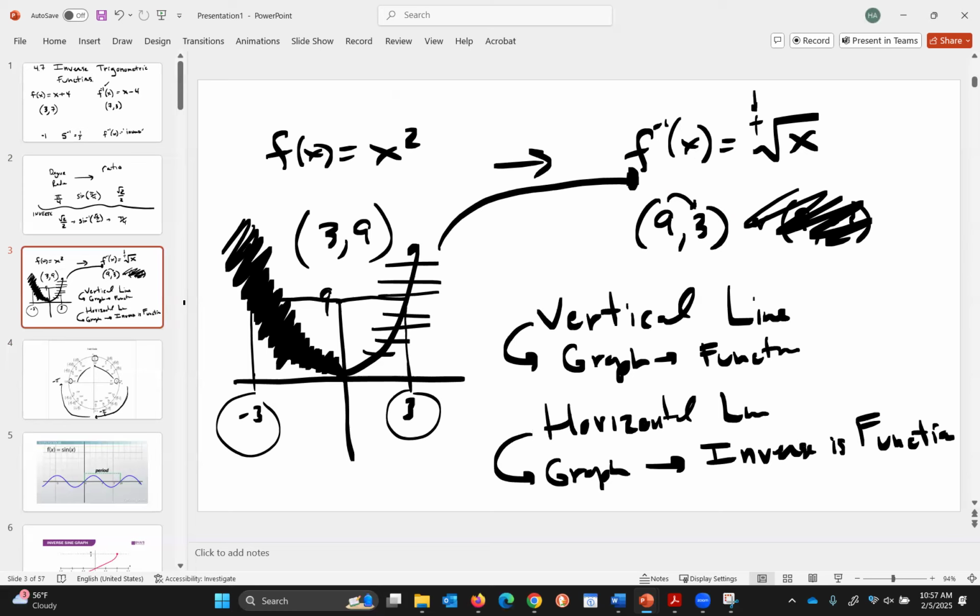So I'll say it again just to make sure. If a graph passes a horizontal line test, that means the inverse graph is a function. Which really is to say this: the inverse graph will pass its own vertical line test.